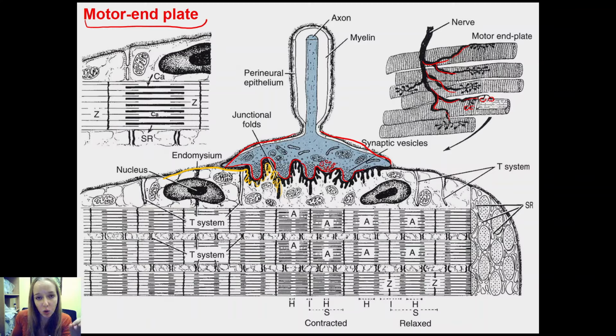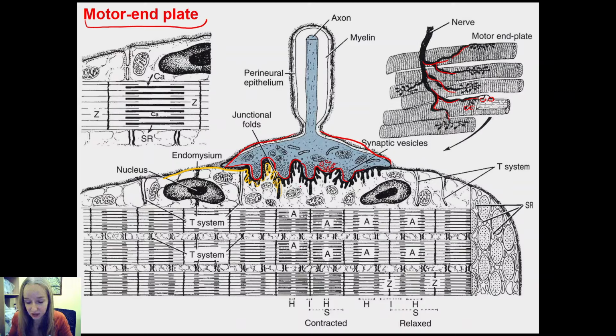This acetylcholine then binds to receptors on the postsynaptic membrane and causes opening of the channels, and an influx of calcium and sodium, so a depolarization wave can propagate somewhere else.